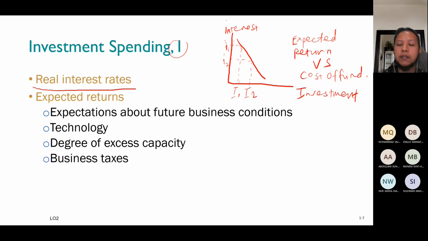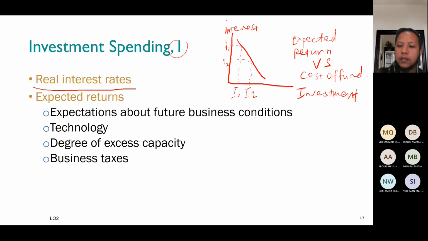So if the expected return is less than the cost of fund, then the business will not invest. The lower the cost of fund, usually the higher the amount of investment because you can get a higher expected return.